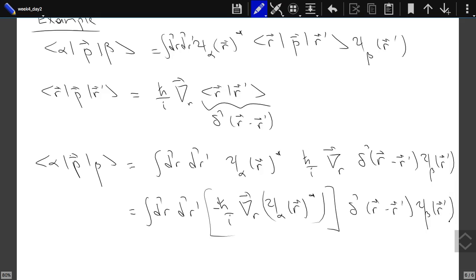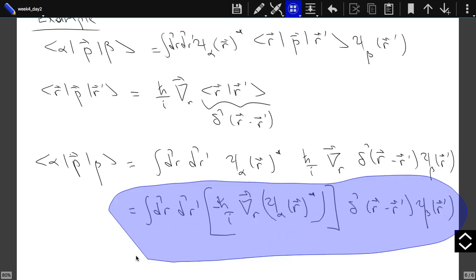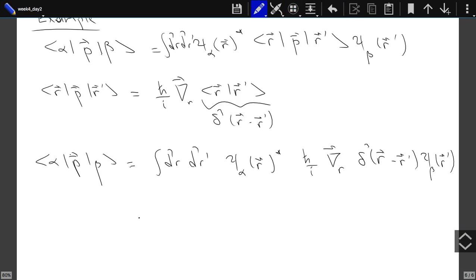Here I made the integration by parts in the r integration only. Now I can use that Dirac delta function to evaluate the r prime integral. Well, let me change my mind. Let me just do it a different way, an easier way which will not require any integration by parts.